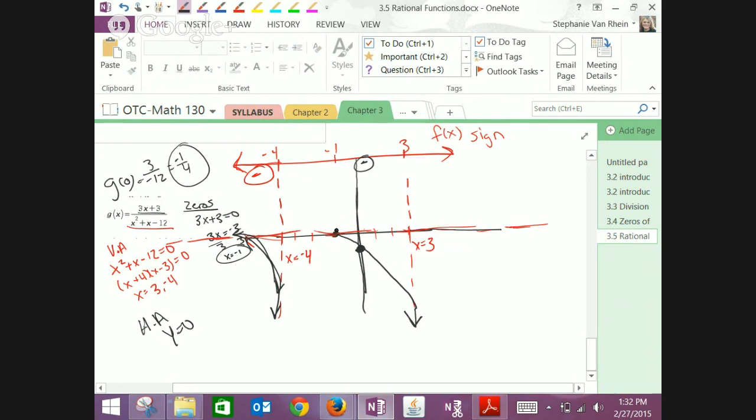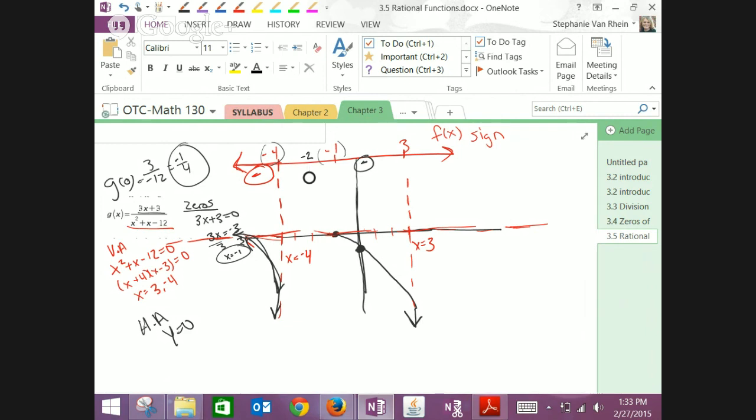But what about from -4 to -1? I have two choices. It's either going to go up here or it's going to go down here. So I test a point. What's a point between -1 and -4? -2, right? So if I test -2, 3 times -2 is -6, plus 3 is -3.